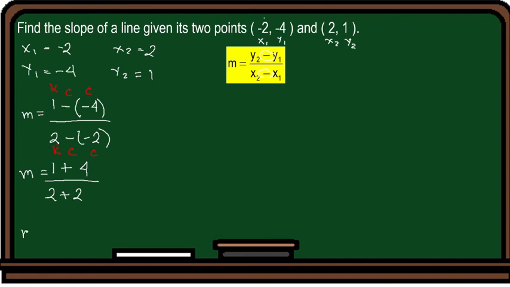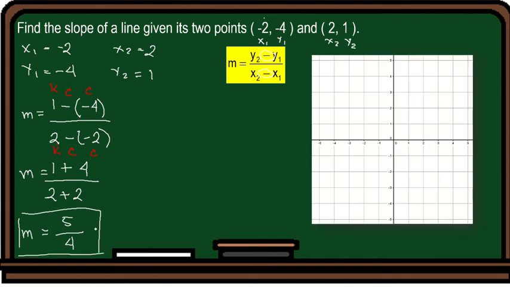So, pwede na kayong mag-add. Madali nang mag-add. 1 plus 4, that is 5, over 2 plus 2, that is 4. This means that your slope for your 2 points is equal to 5 over 4.